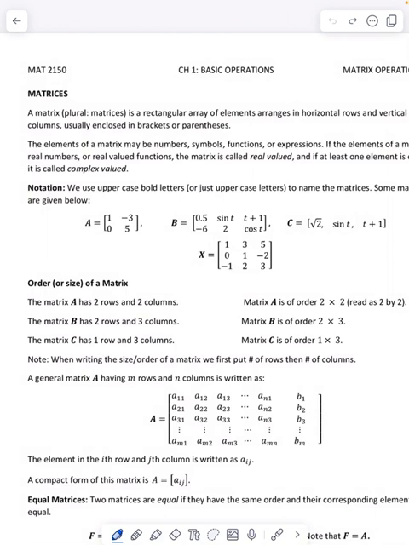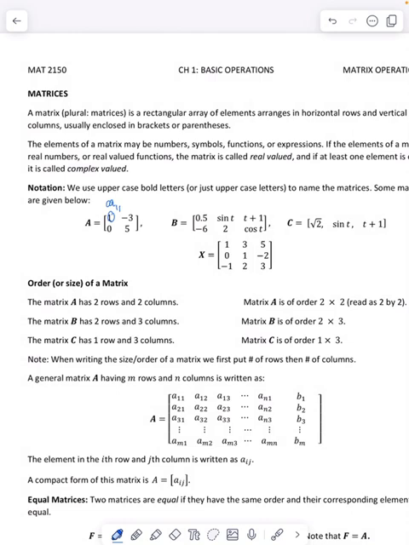The 1 here we call the first entry, in the first row and the first column. We can denote it by A sub 1 1. So we are using the same letter as the name of the matrix, but lowercase.